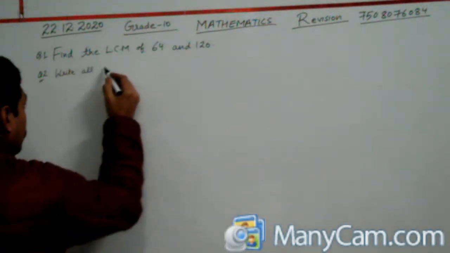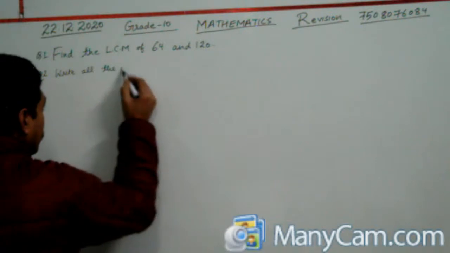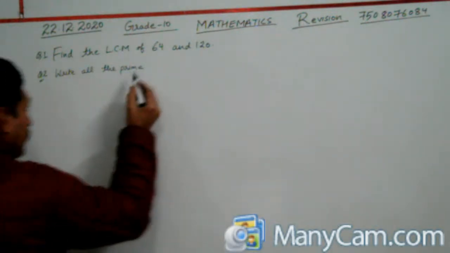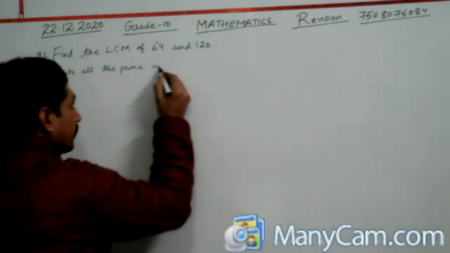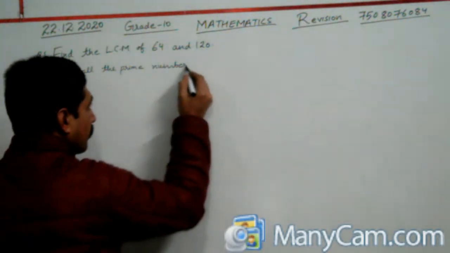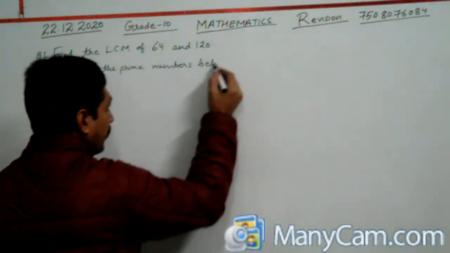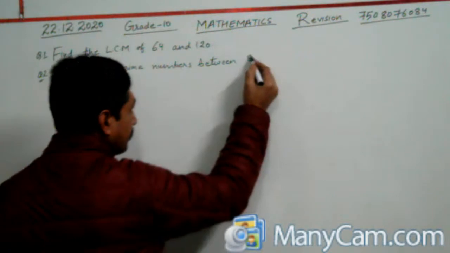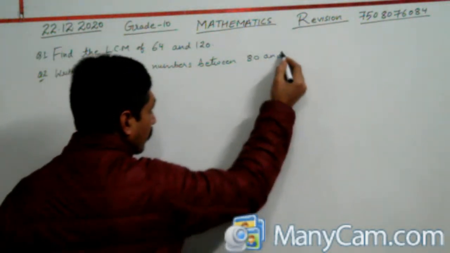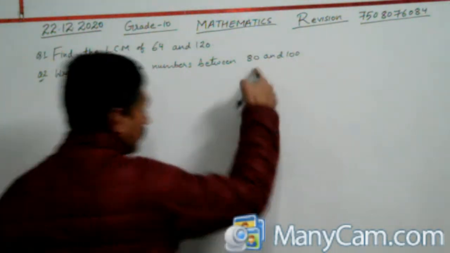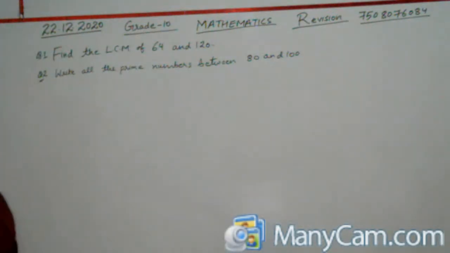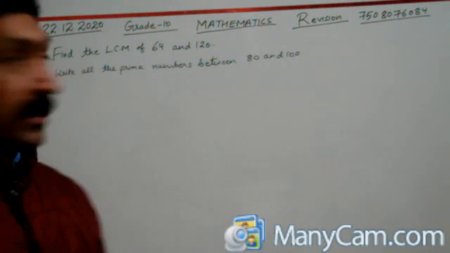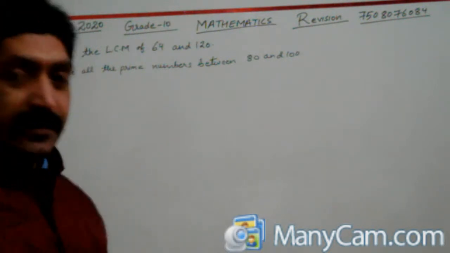I am reducing the question: write all the prime numbers between 80 and 100. Sometimes a probability question is asked from this question. You should know how many prime numbers are between 80 and 100.